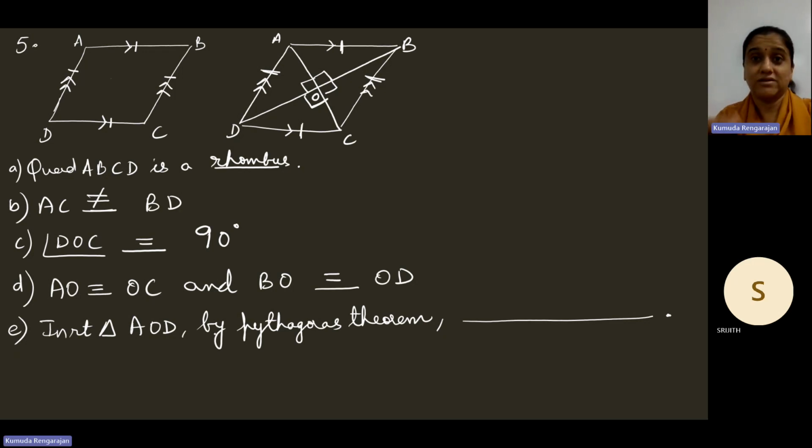It should be specific. AD square is equal to CO square plus, which triangle? AOD. No, one minute. I want all of them to think. Write it in your book and then tell me.